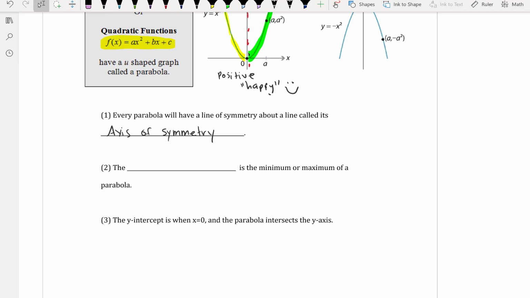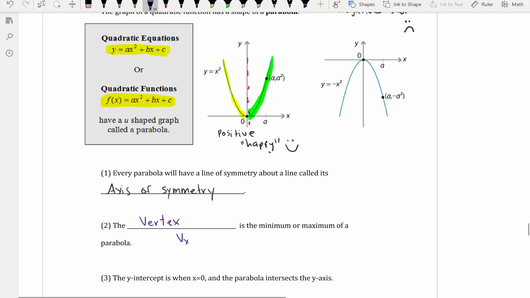Okay, the minimum or maximum of a parabola is called the vertex. Sometimes I call it the Vx for the vertex. It depends on whether or not you have a positive or a negative parabola.